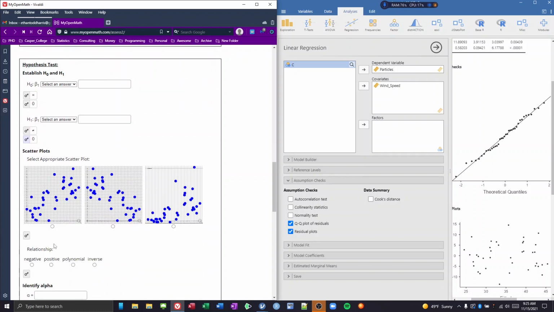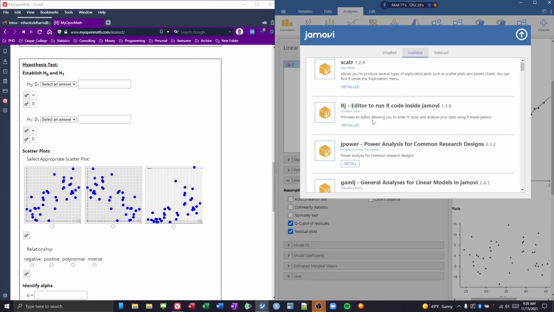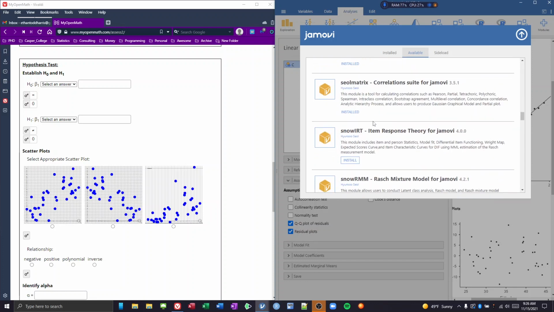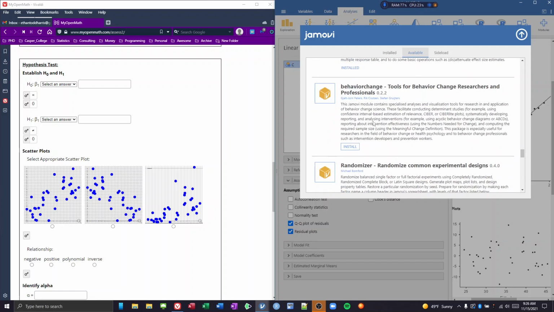Okay, next thing, let's go ahead and build a scatter plot. Scatter plots are actually pretty easy. In your exploration, there should be an option that says scatter plot. You might need to install a package or a module that's called scatter. I think if you go to modules and look at the jamovi library, go ahead and scroll on down. I think scatter is an add-on that you can put on.